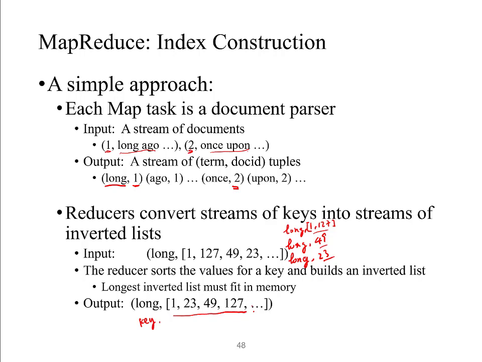So then we have finished the index structure construction to support binary term retrieval.